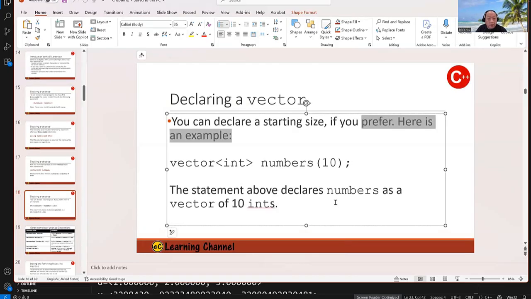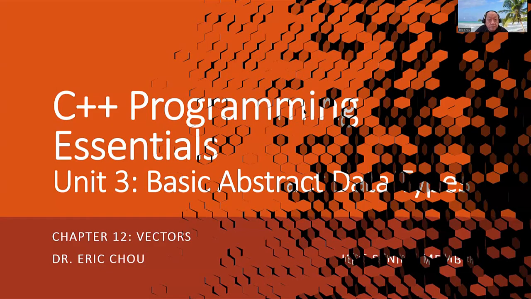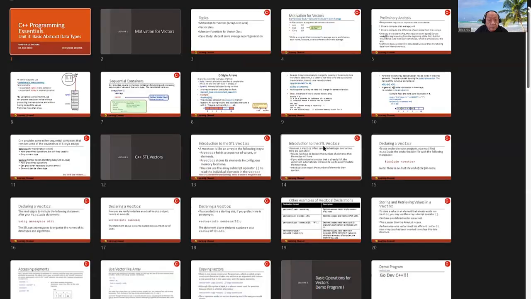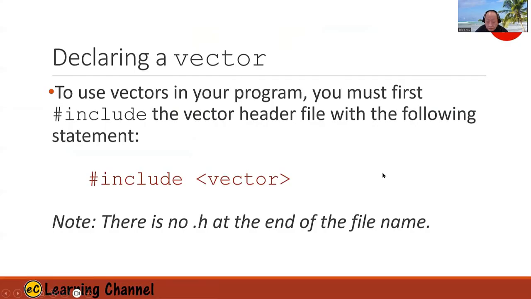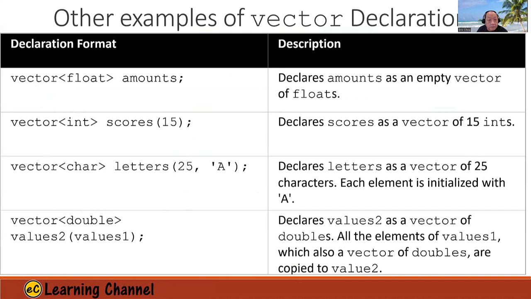So that is an example of declaring a vector. You can have a vector of float.